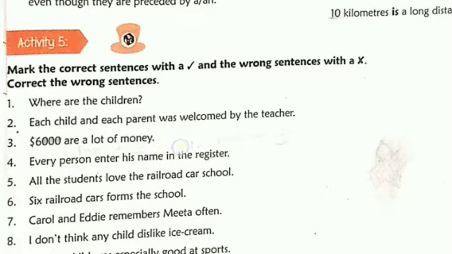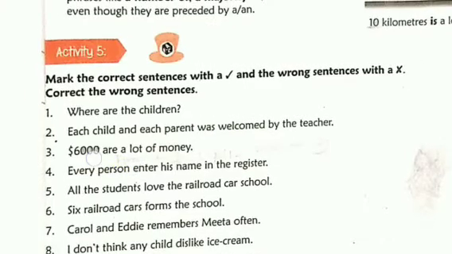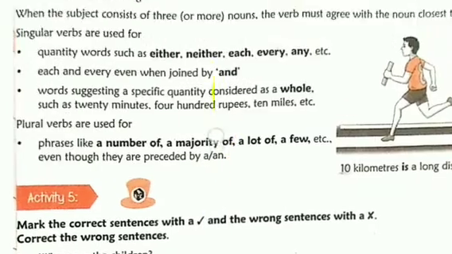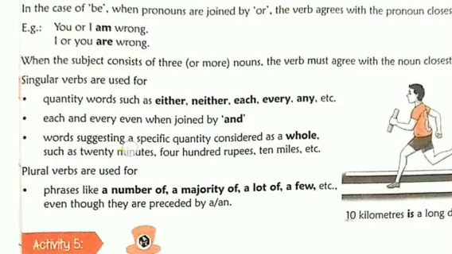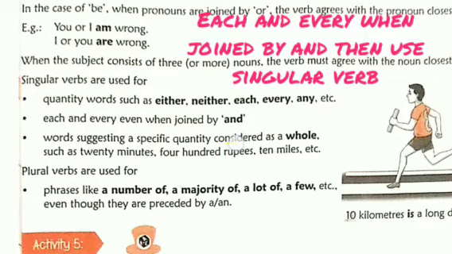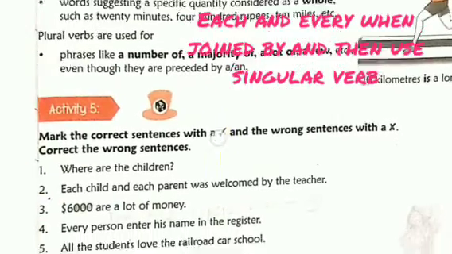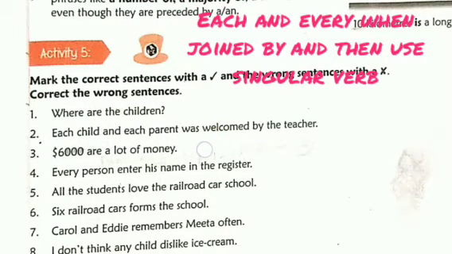But no, here we use each. Each and every, even when joined by and, we still have to consider as singular. So these 2 become singular, and that's why we used was here. So it is also correct.